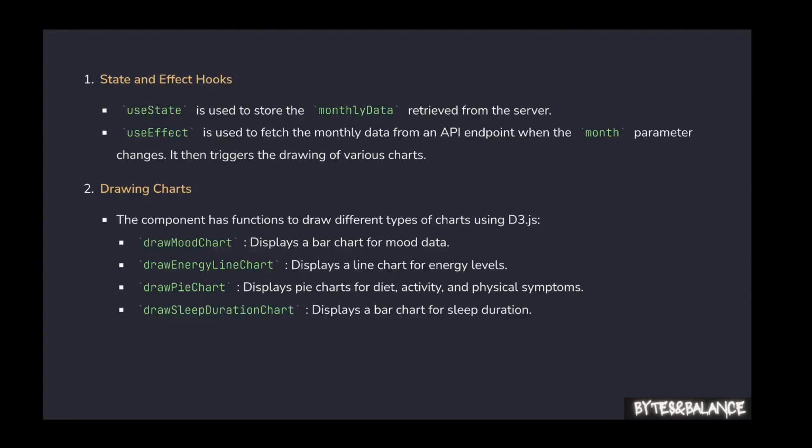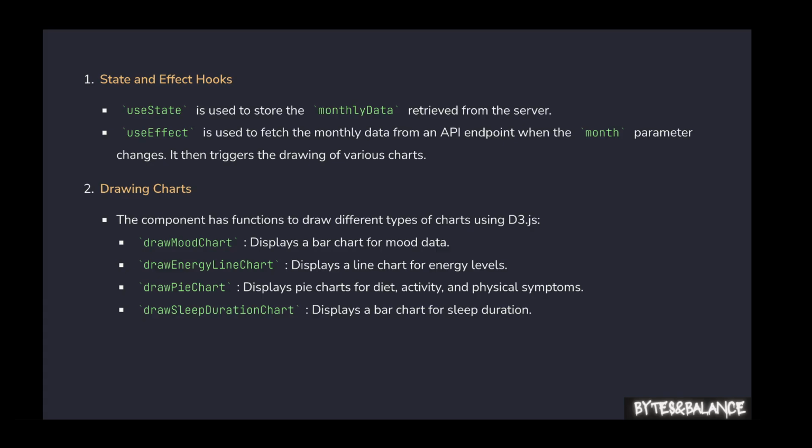So the component's core features include state and effect hooks. We use useState to store the monthly data retrieved from the server. This state is essential for holding the data that will be visualized. And useEffect is employed to fetch this data whenever the month's parameter changes. For example, when I chose July 2024 to get the month's insight.